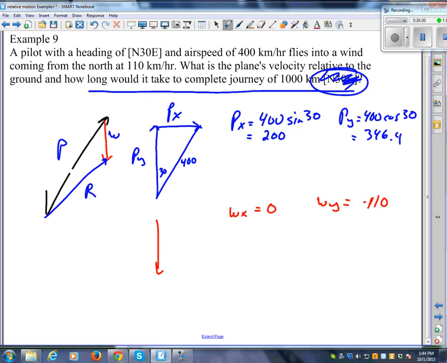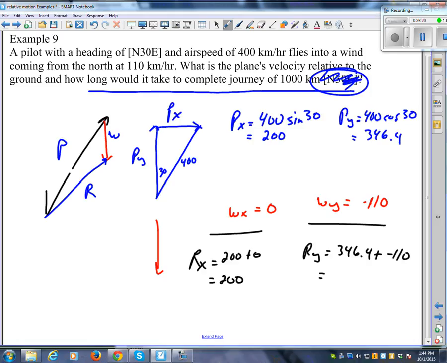So resultant x is going to be 200 plus 0, 200. Resultant y is going to be 346.4 plus negative 110, which is 236.4. So I've added my x's, I've added my y's.